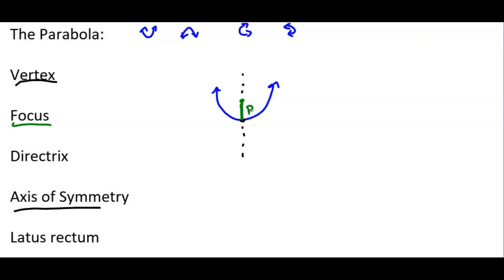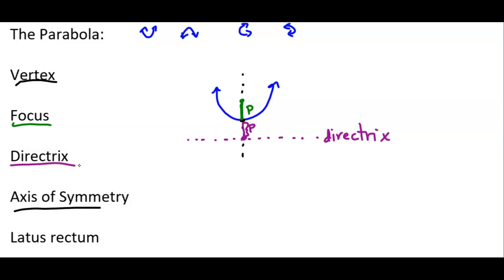If you go p distance to the other side, so another p units here, and you put a point there and draw a line, in this case a horizontal line, that is called the directrix. The vertex is halfway between the directrix and the focus.